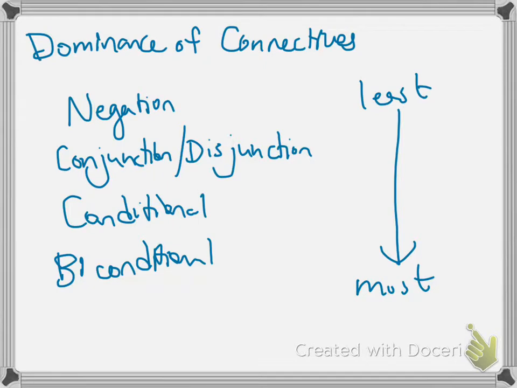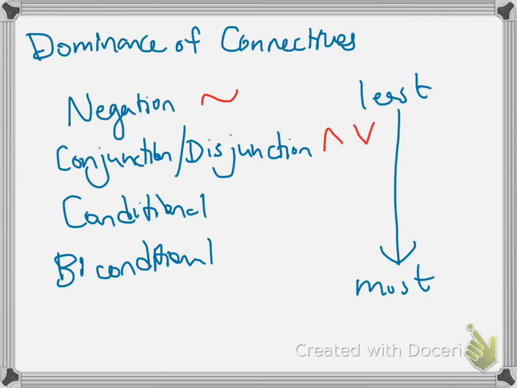The dominance of connectives matters when we are writing statements in symbolic form when we're given them in English. The negation is, of course, the not, and that is the least dominant. Then after that are conjunction, which is the and, and disjunction, which is the or.